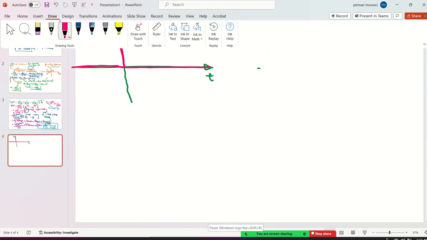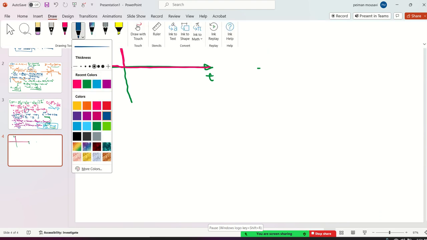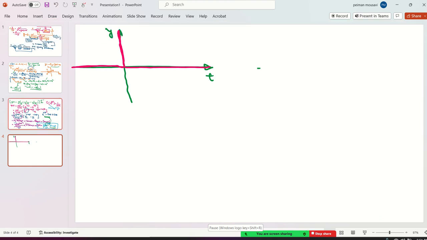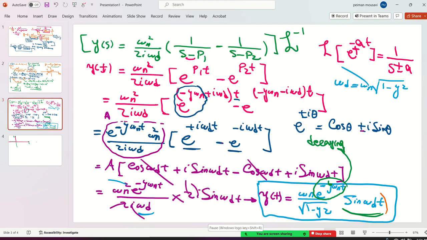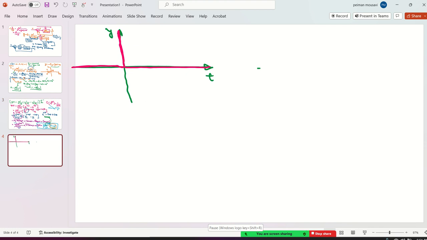Based on what we derived, we have to know this, not the rest. It says the output is going to be transient harmonic, sine omega d, the damped frequency, being vanished by this decaying term. So it's going to be like this.